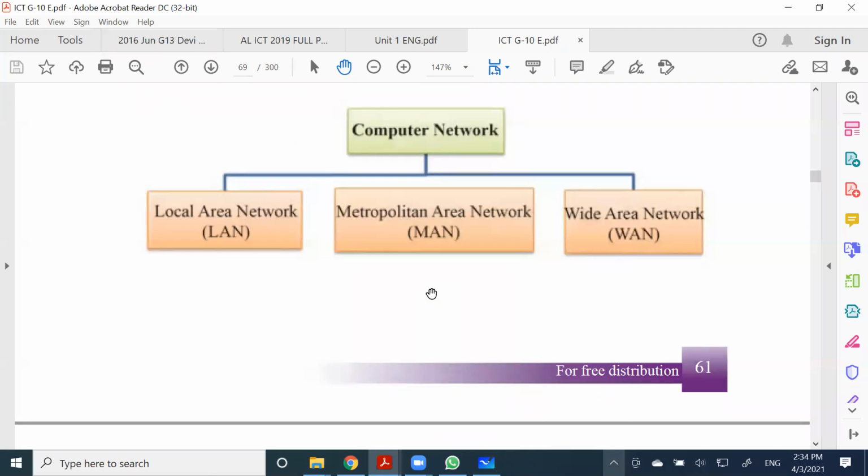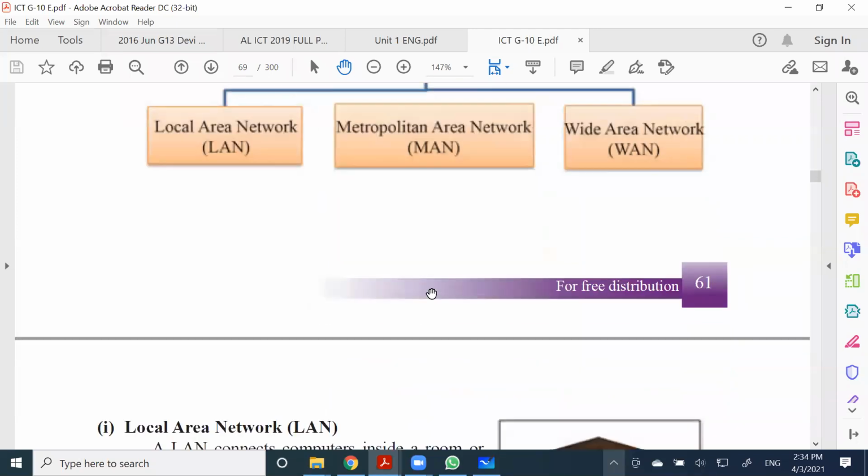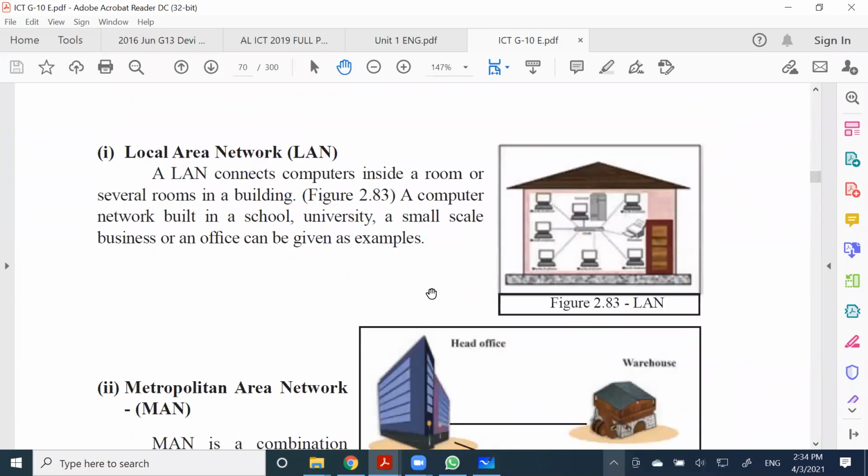This categorization is done based on the geographical area over which the network is spread. When it comes to the LAN, why is it called a local area network? Because it's spread over a very small geographical area, like inside a classroom or inside a floor of a building.